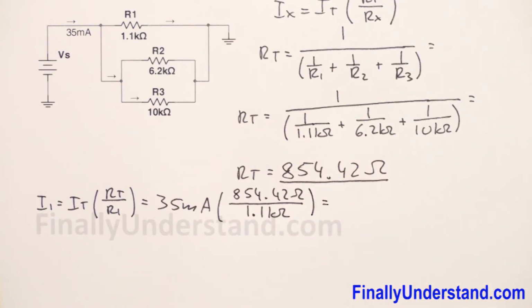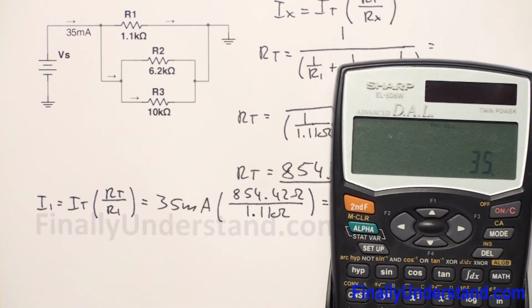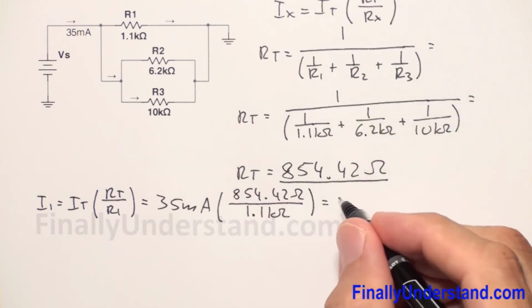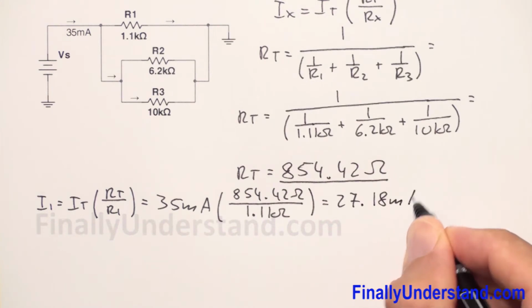So this is equal to 35 exponent negative 3 times 854.42 divided by 1.1 exponent 3, which equals 27.18 milliamps.